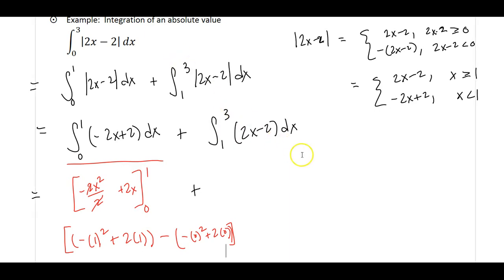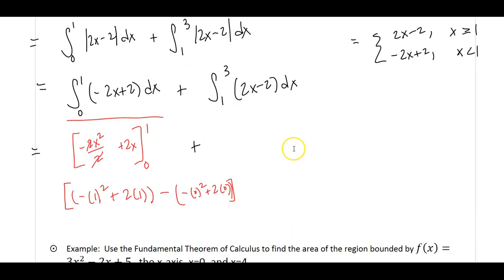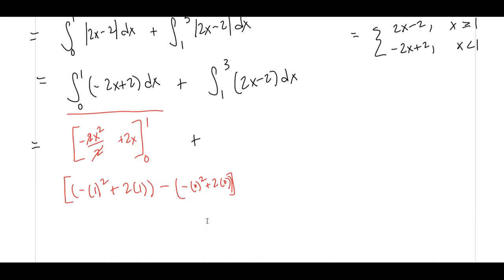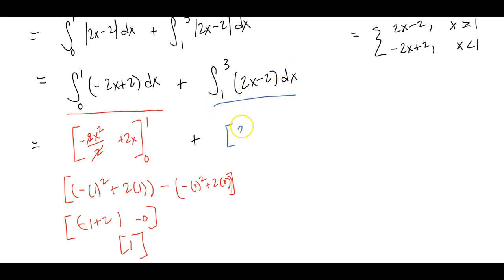So we would end up with negative 1 plus 2 minus 0, or just 1. The blue integral, we would have 2x squared over 2, so the 2's cancel, minus 2x. And that's going to go from 1 to 3.